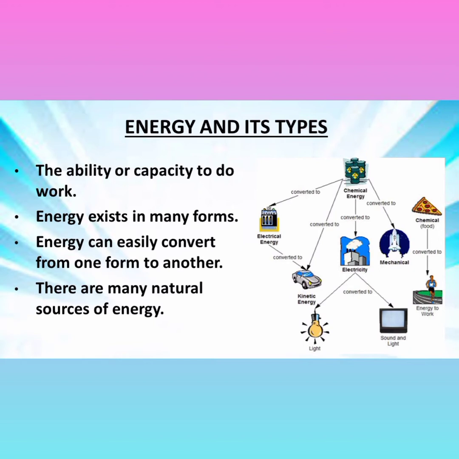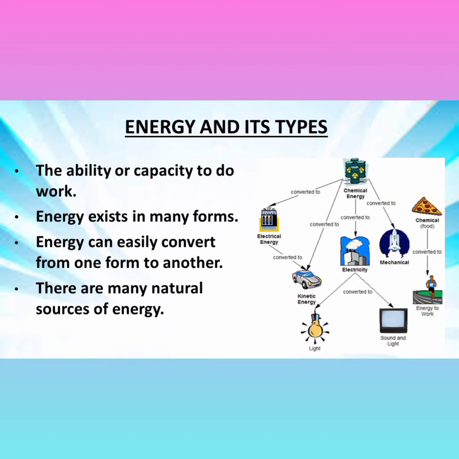Energy exists in many forms such as mechanical energy, chemical energy, light energy, sound energy, heat energy, electrical energy, and magnetic energy. Energy can easily convert from one form to another. For example, when we eat food, the chemical energy of the food is stored in our body, in our muscles.